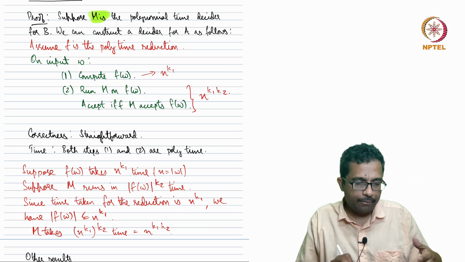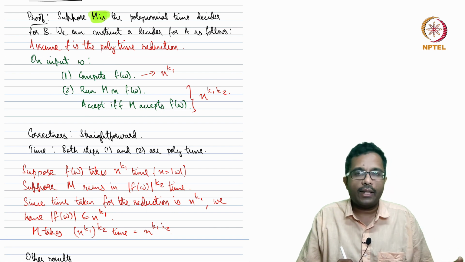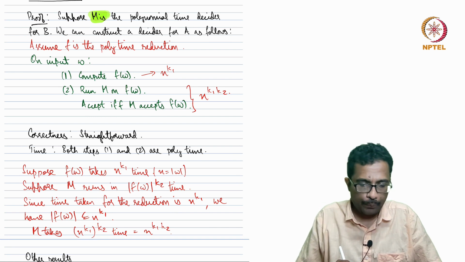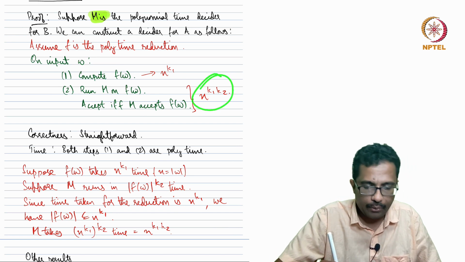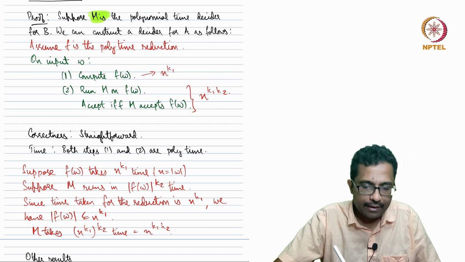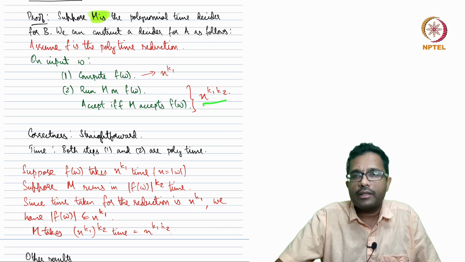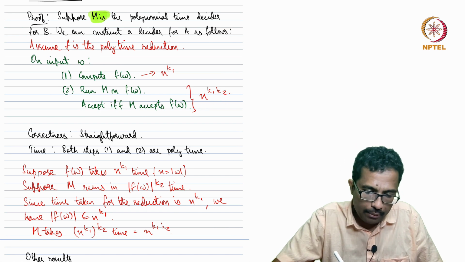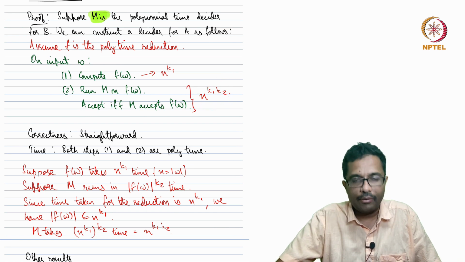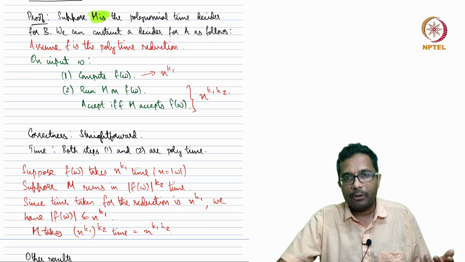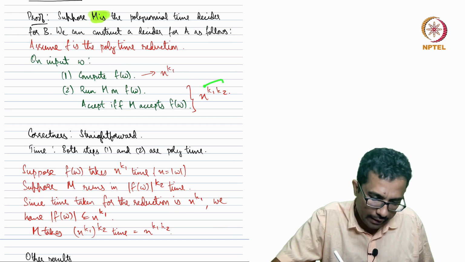The total time taken here is n power k1 plus n power k1 k2. The dominating term is n power k1 k2, and the exponent is still a constant. So n power k1 k2 is still polynomial in the input length, where the input is the string w, right?